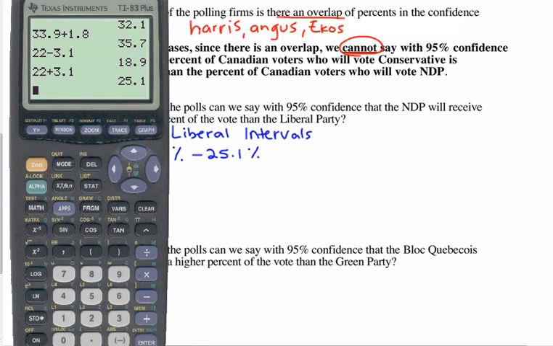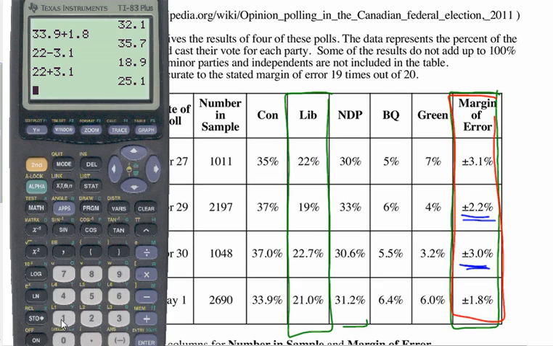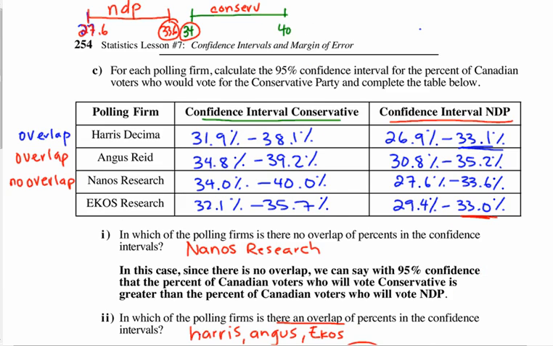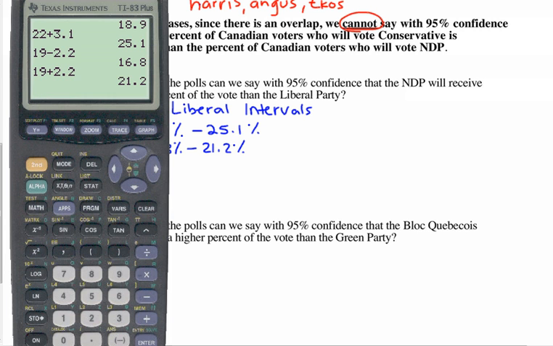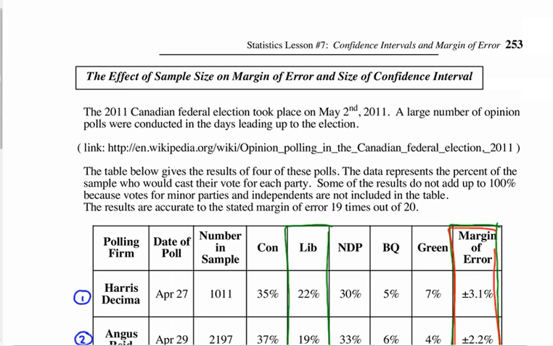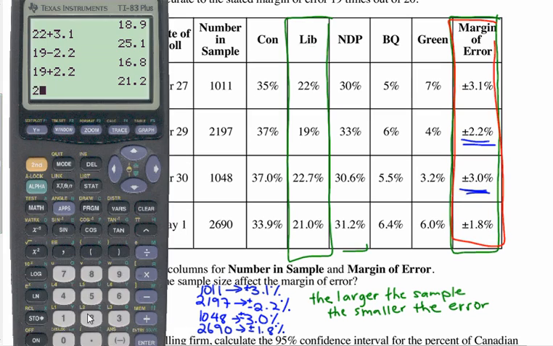Then we have 19 plus or minus 2.2, so 19 minus 2.2 and 19 plus 2.2, so 16.8 to 21.2. I believe that's what I said, yeah. The Nanos, again, 22.7% minus our error of 3, and 22.7 plus our error of 3.